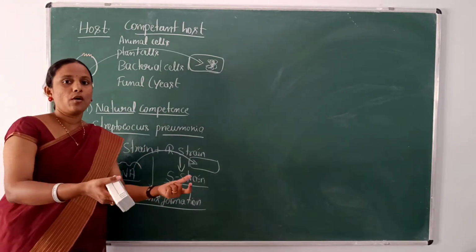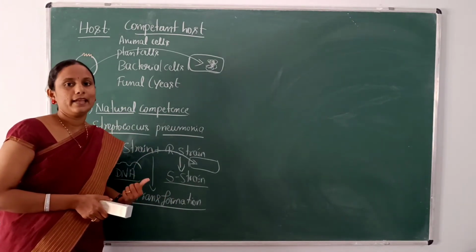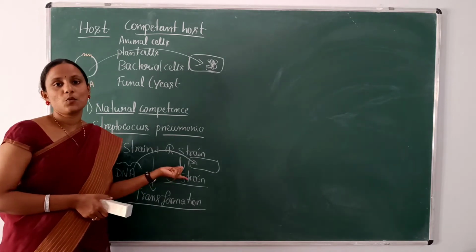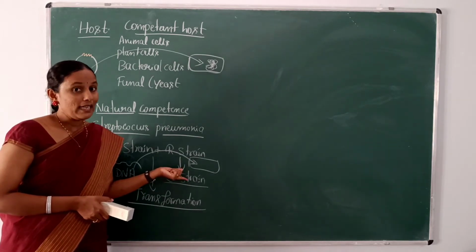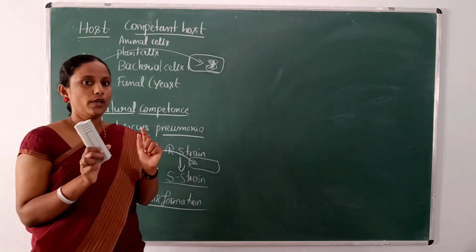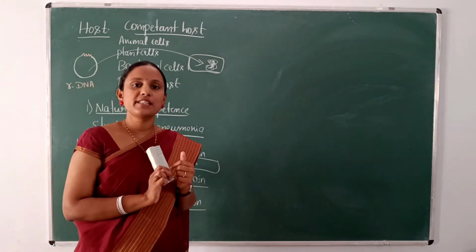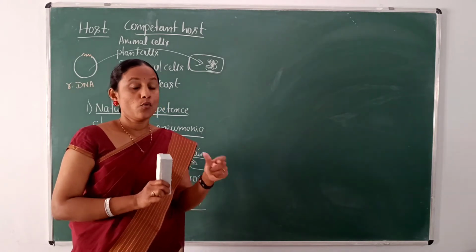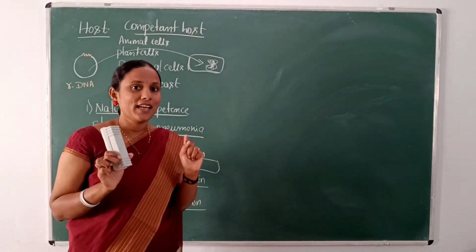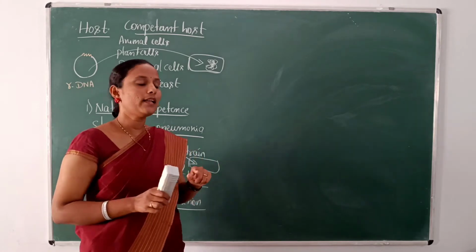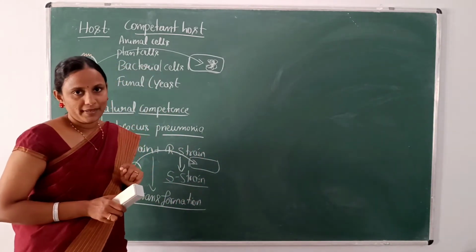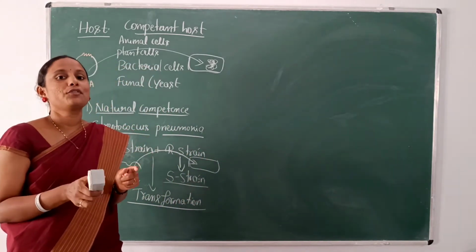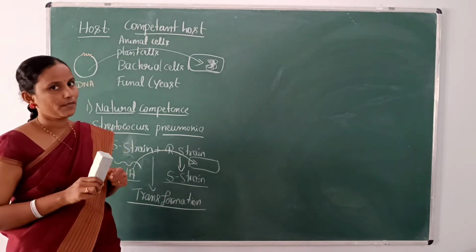They may not be competent enough to uptake the DNA as Streptococcus pneumonia did. So for any host cell we are using, we have to induce the competence. Why, you may ask? I will explain it now under the heading induced competence, that is creation of a competent host.